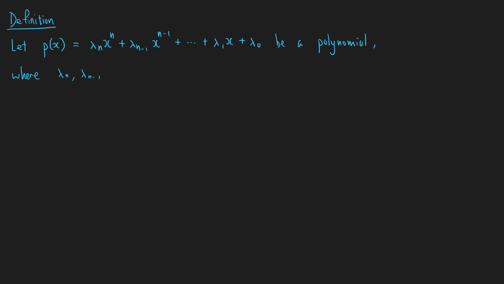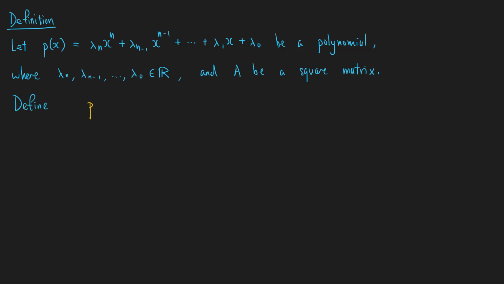Before we discuss the properties of diagonal matrices, we need the following definition. Let P(x) equals lambda_n times x to the n plus lambda_{n-1} times x to the n minus 1 plus all the way to lambda_1 times x plus lambda_0 be a polynomial, where lambda_n up to lambda_0 are real numbers, and A be a square matrix.